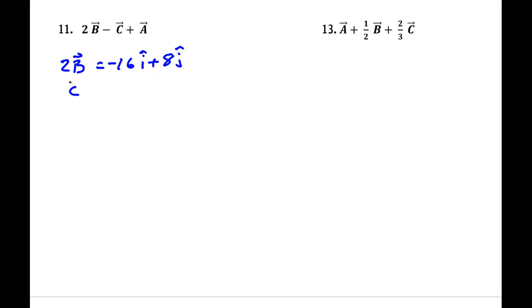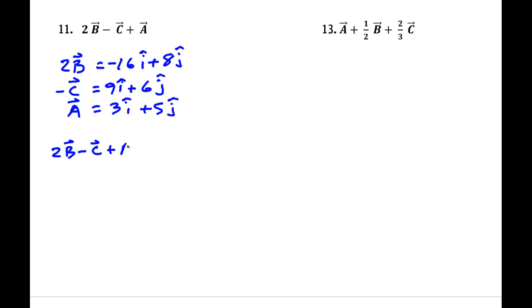And then minus c, you take and multiply each of the components of c by minus 1, we get 9i plus 6j, and then a, you get 3i plus 5j, and then you just add all the x components together, add the y components together, and add z components, which of course in this case is 0.